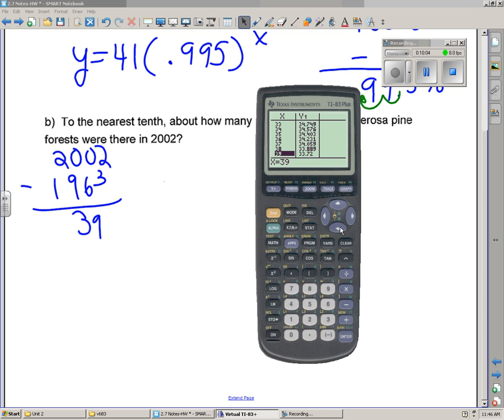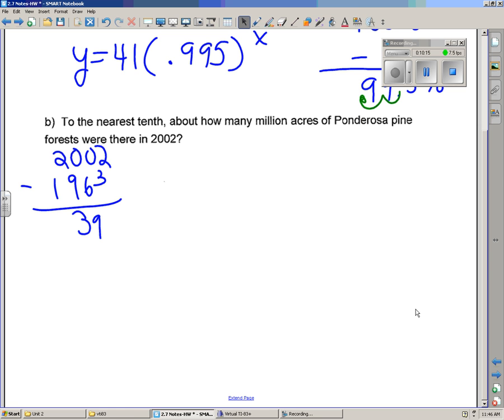Here we go. And in the 39th year, to the nearest tenth, there was 33.72 or 33.7 million. So the answer then is going to be 33.7 million.